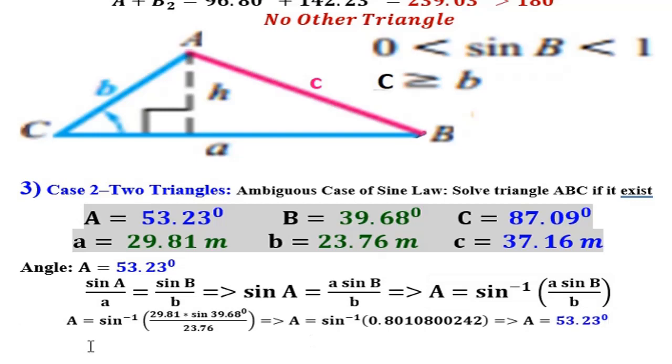Then angle A is equal to sine inverse of 29.81 times sine 39.68 over 23.76, which is A equals sine inverse of 0.8010 and so on. That is A equals 53.23.